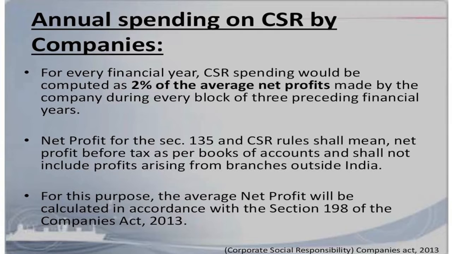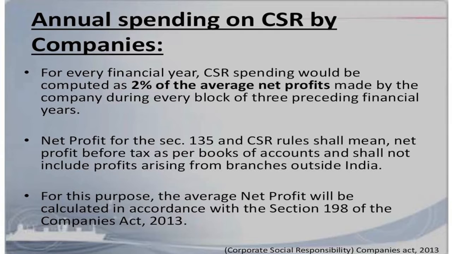So how much amount will be spent on CSR activities? There are certain norms specified in the Companies Act 2013. Every financial year, CSR spending would be computed as 2% of the average net profits made by the company during every block of the preceding 3 financial years.